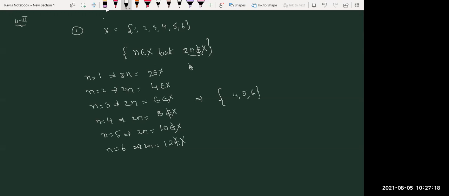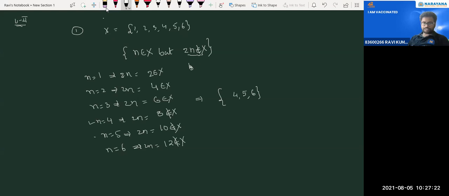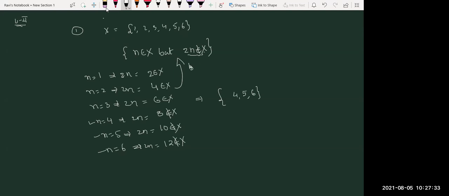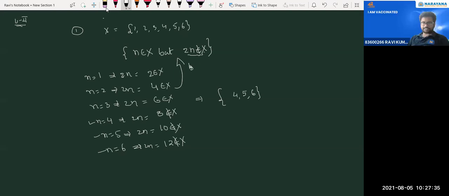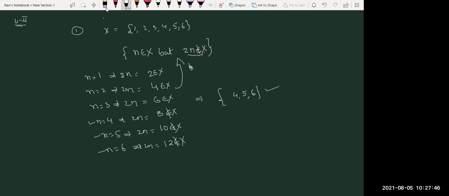When n equal to 4, 5, 6, the numbers we got, 2n does not belong to x, so they satisfy this. The numbers 4, 5, 6 are there in the x set, but 2n does not belong to x. So which numbers are there? Only 4, 5, 6. Understand all of you? Yes, sir. Anyone else has a question, you can ask me.